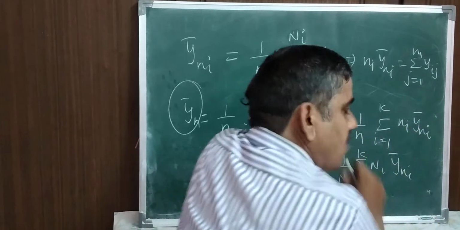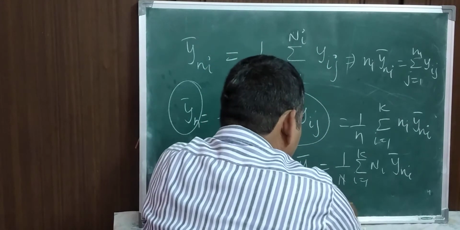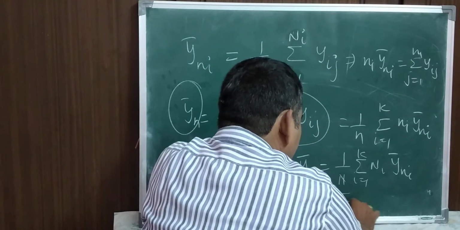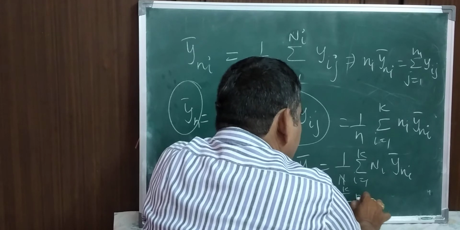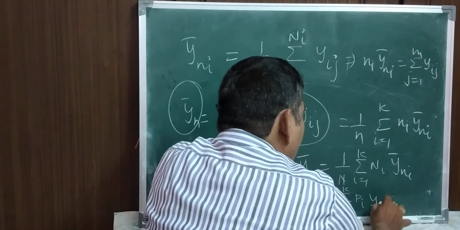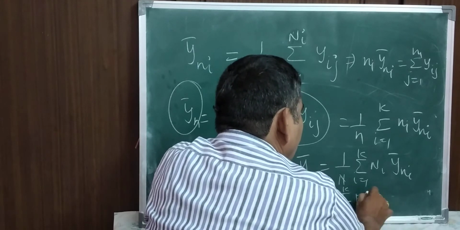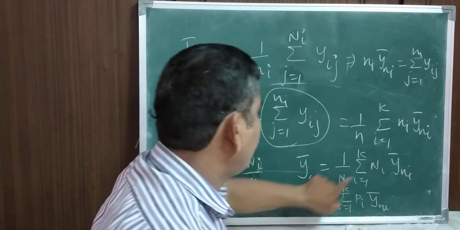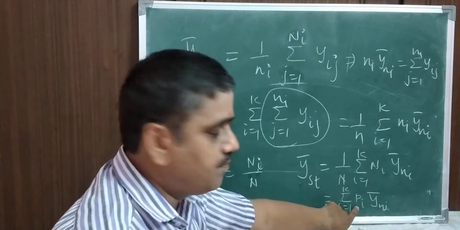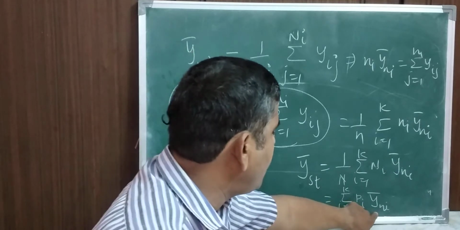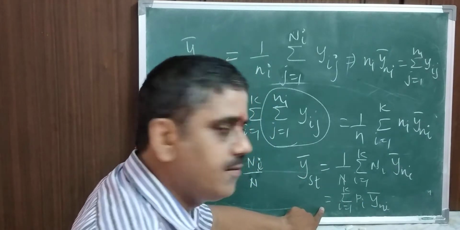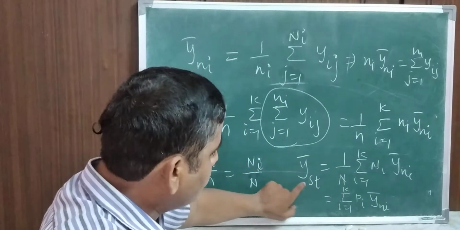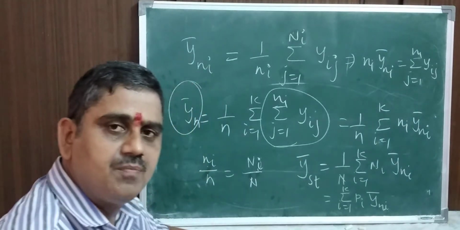This is small y bar ni. So this is nothing but summation i is equal to 1 to k, Pi into y bar ni, since capital Ni by capital N is Pi. What is this y bar st? We use this many times to prove the theorems.